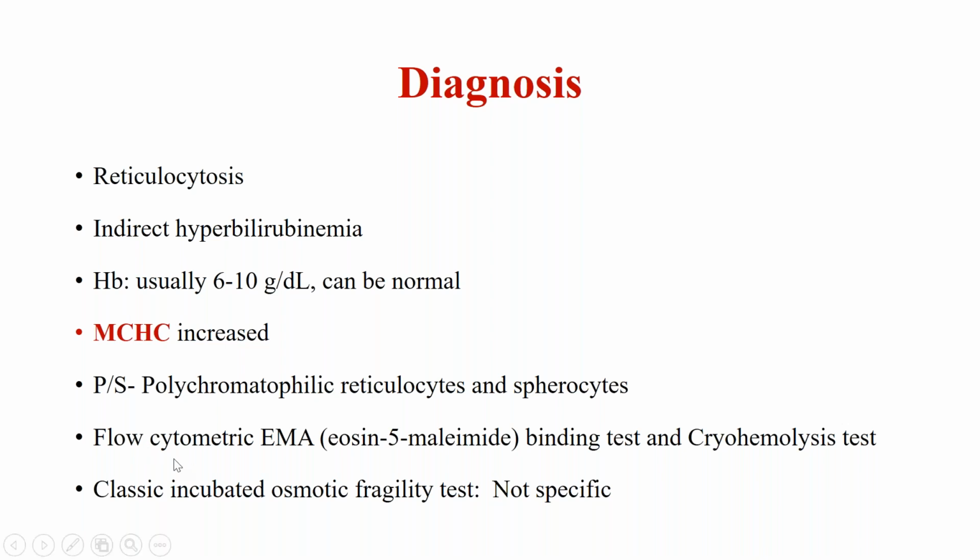Okay, and the best test that we have is the flow cytometric eosin-5-maleimide test. Initially, what we used to do earlier was an osmotic fragility test. This is mostly a screening test. This is not a specific or diagnostic test. You can do it as a first screening test, but later on you have to do tests like the cryohemolysis test or EMA binding test.